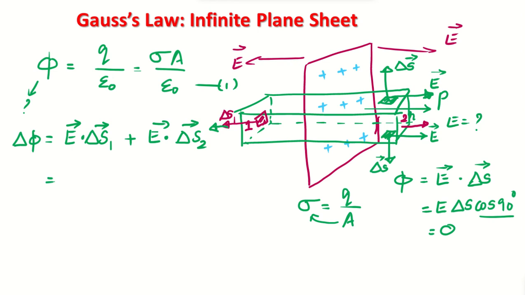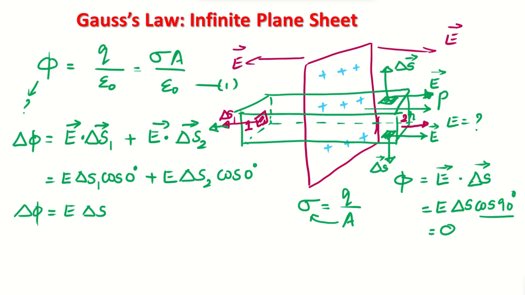So எழுதும்போது E delta S1 cos theta, cos வந்து என்னது 0 degree because they are parallel to each other, plus E delta S2 cos 0. So cos 0 degree na 1 நமக்கு தெரியும். So delta phi equals E delta S1 plus E delta S2.